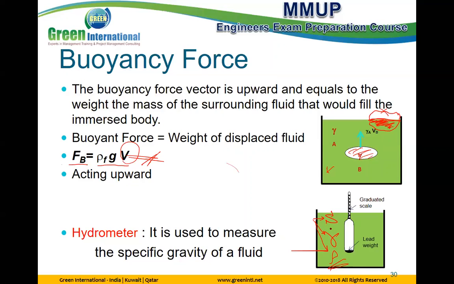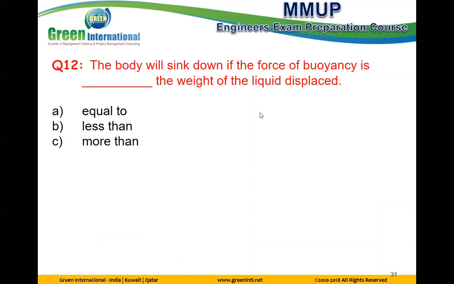So a hydrometer is a device used to measure specific gravity or to know the density or specific weight, according to the function of buoyancy force. Buoyancy force is normally used for balancing and stability of bodies. Let's see how to measure the stability of bodies in the next slide.